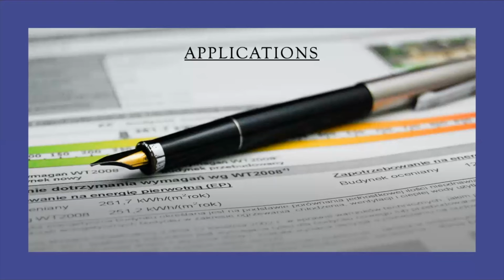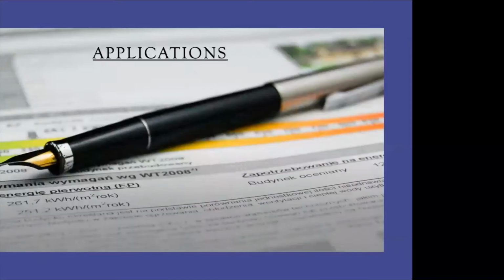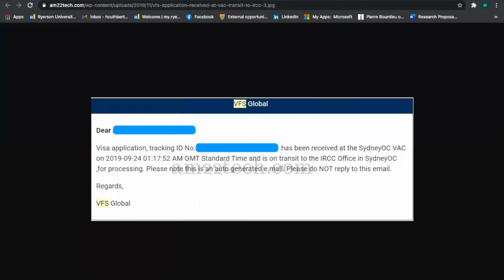Additionally, when consulting immigration professionals for this presentation, they cited one other common error that I want to point out to everybody today. So what you see on the screen before you is a generic reply to a visa application to the IRCC. What I want to draw your attention to is this bottom line here that says, please do not reply to this email.